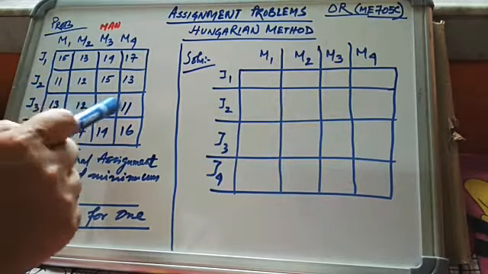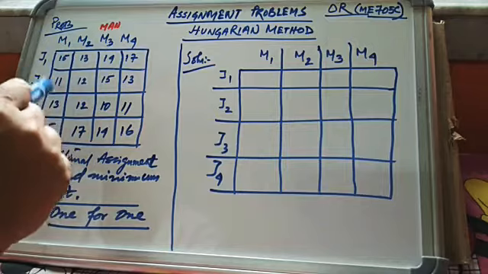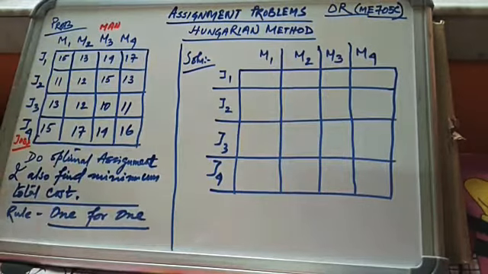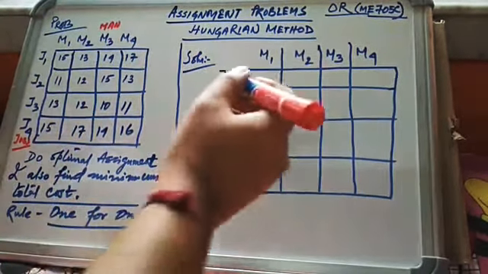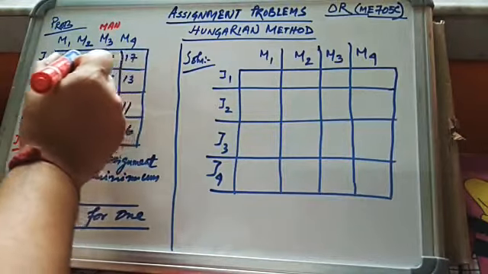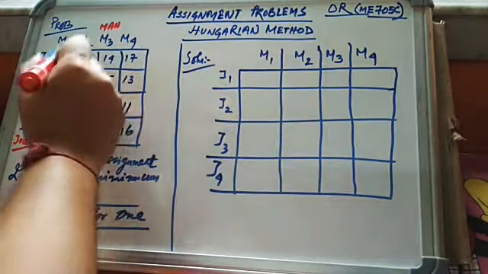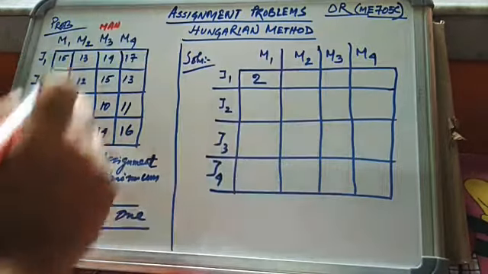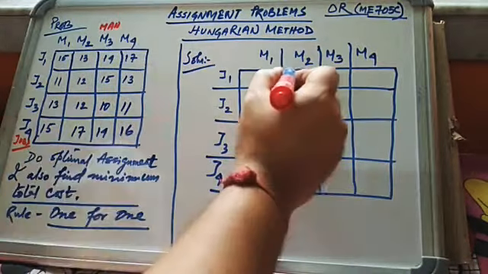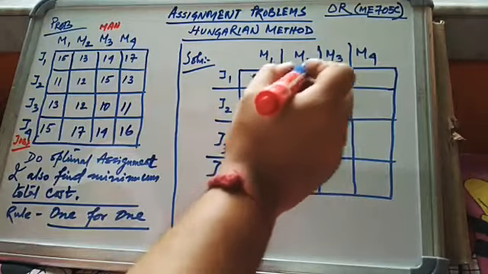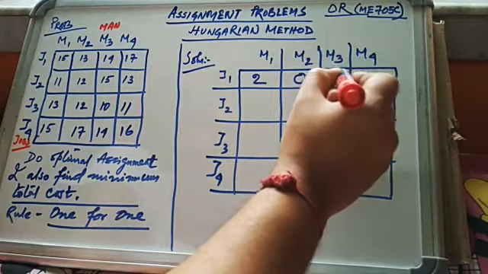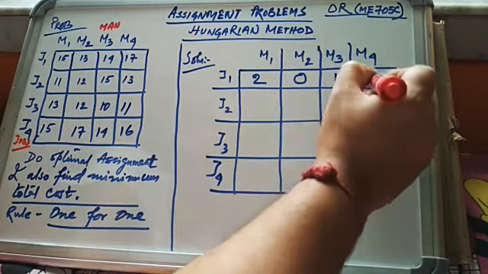Similarly, you have to perform all the row operations. So let us write the values of the row after performing the row operation. Here 13 is the least one, and subtracting from 15 we got 2. Next you have got 0. Next you have got 1. Next you have got 4.